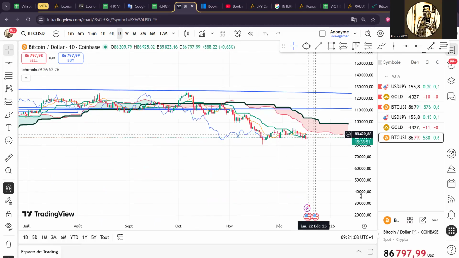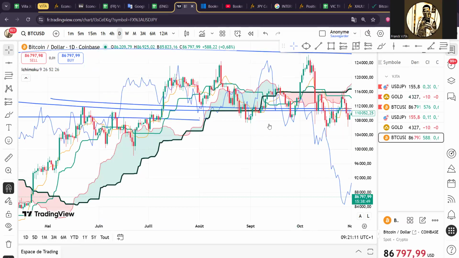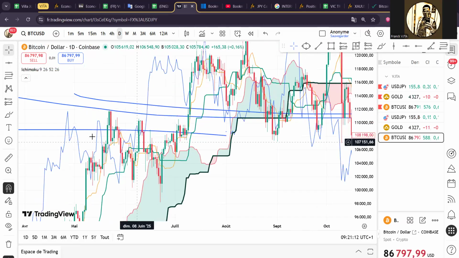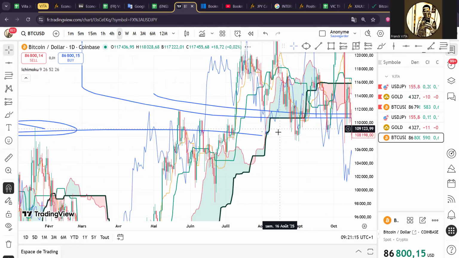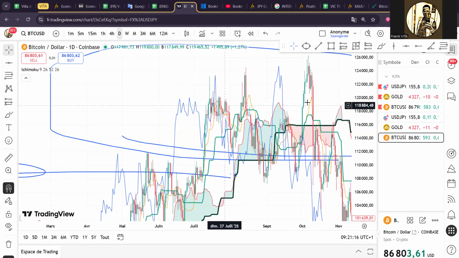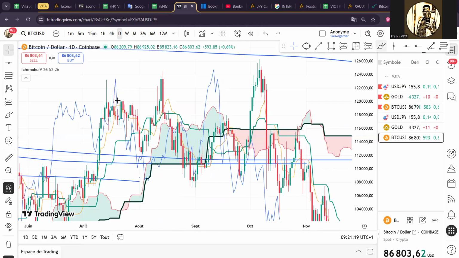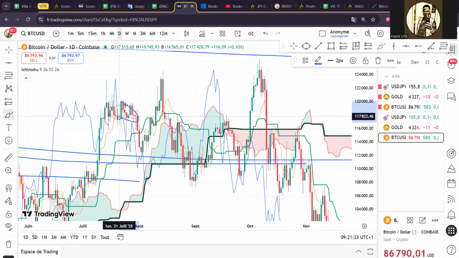You go on daily and you just start looking above this all-time high. When I see anything bending to the downside, like an inverted tenkan, that will be the signal, the first signal.